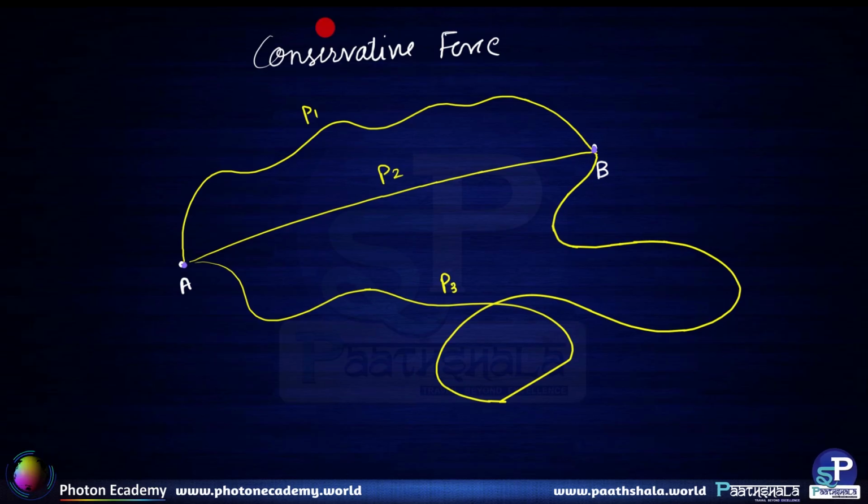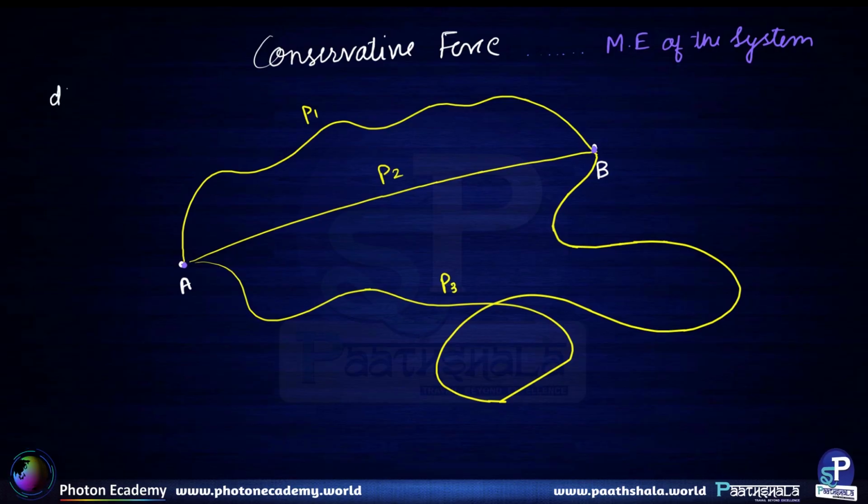All conservative forces conserve the mechanical energy. So gravitational force also conserves the mechanical energy of the system. And potential energy can be defined for gravitational force, since it is conservative in nature. We know that potential energy can be defined only for conservative forces.